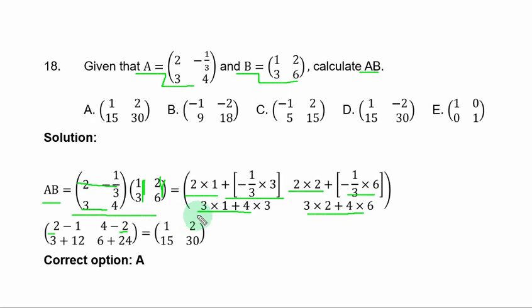You come here, 3 times 1, you have 3 plus 12, that is 4 times 3. You move here, 3 times 2 is 6 plus 24, 4 times 6. When you subtract and add, you have this matrix as the product of A and B. The correct option is A.